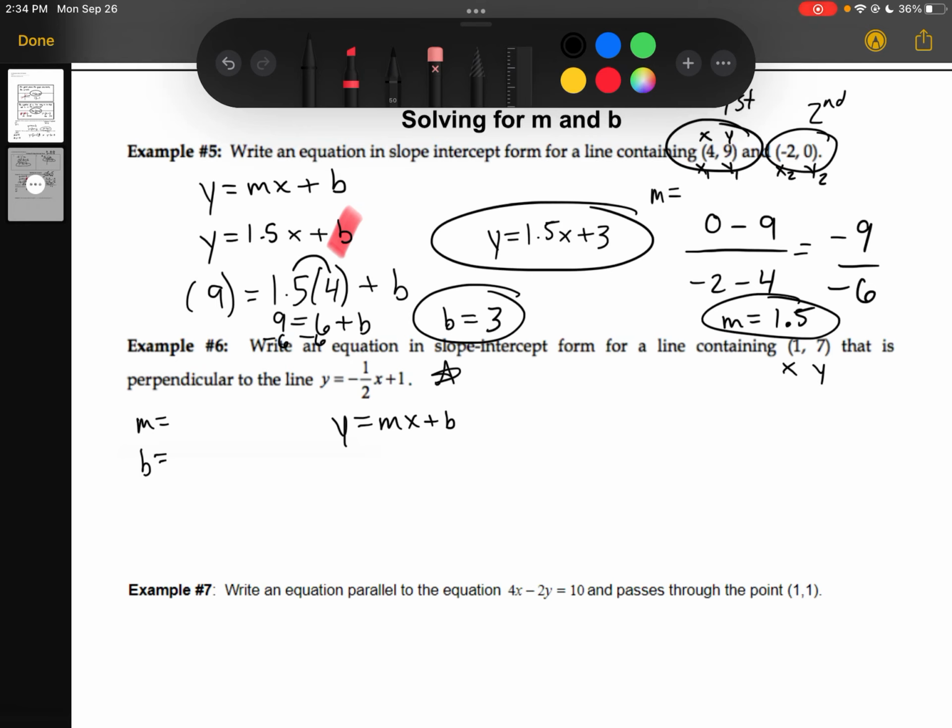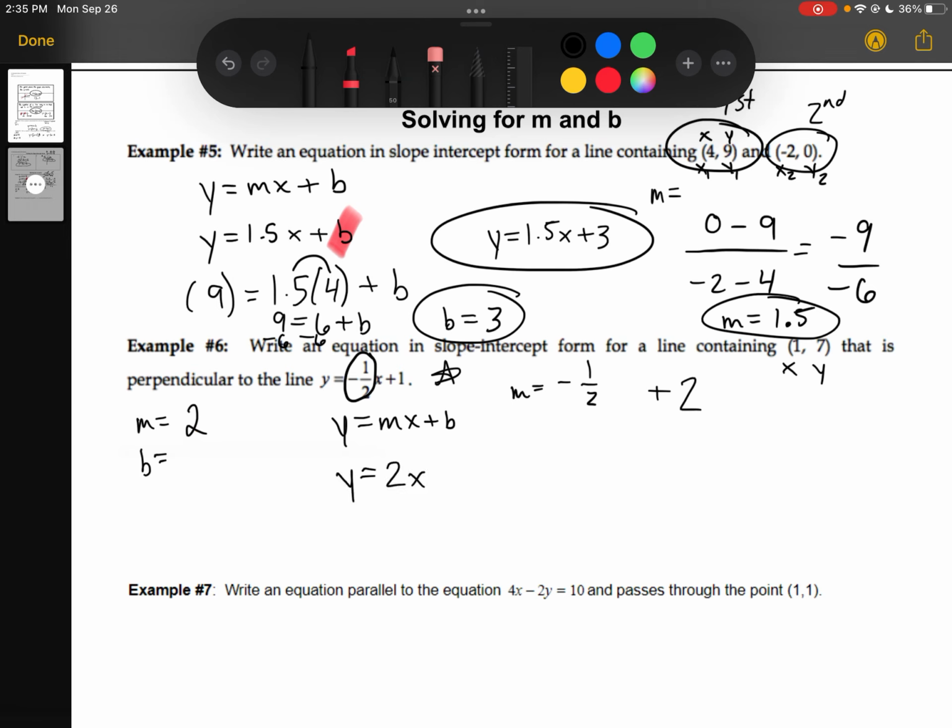All right, so step 1 for our m value. Here, they give us an m value of negative 1/2, and they tell us we need a perpendicular slope. So if you remember from yesterday's lesson, perpendicular means change the sign and flip the number. So our m value here is positive 2. Again, change the sign and flip the number.